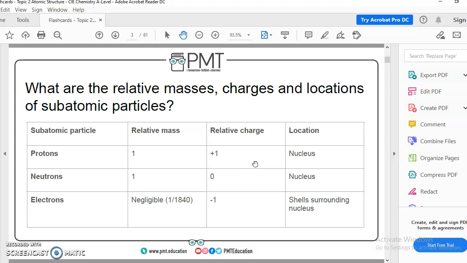If we talk about the charges, the proton is positively charged, the electron is negatively charged, and neutrons are neutral. Protons and neutrons are located in the nucleus, so they become part of the nucleon number, while electrons orbit around particular shells or in their particular orbits.